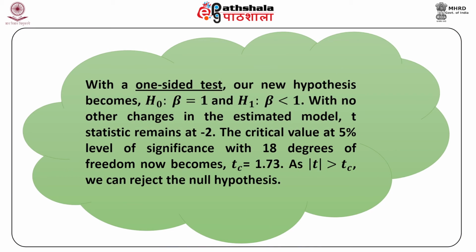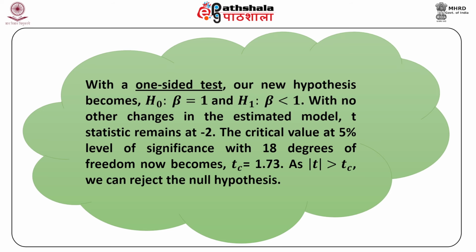So how do we know that? In order to know that, we reiterate the difference between the two tests. Let's perform the one-sided test now on the above example. So our new hypothesis now becomes H0: beta equal to 1, but the alternate hypothesis H1 now is that beta is less than 1. Now, with no other changes in the estimated model, the t statistic remains at minus 2.